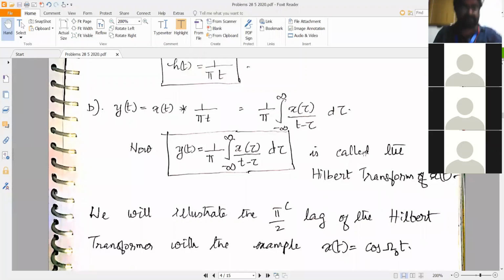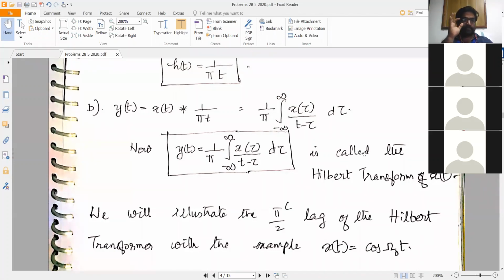Now the Hilbert transform is something very special, because of all the transforms that we have seen, one is the Laplace transform. In the Laplace transform, you have a change of domain from t to s, whereas in the Fourier transform, you have a change of domain from t to omega. Whereas with the Hilbert transform, there is no change in the domain.